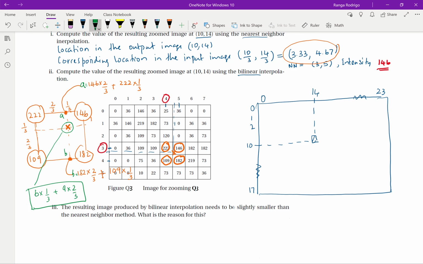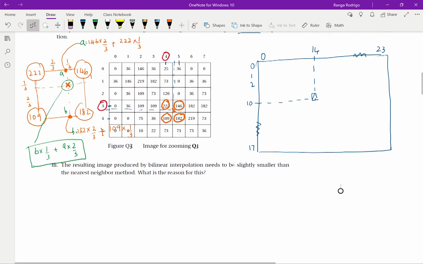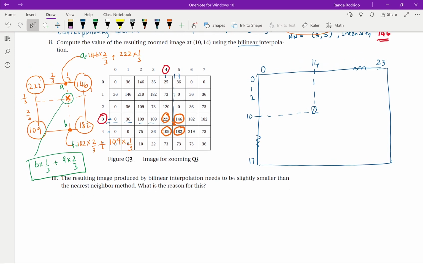It cannot be lower than 109, it cannot be higher than 222, in that range. Okay, so do your own calculation. Maybe I can do that. Oh, I don't have a scientific calculator now, and calculators trouble me all the time. Sorry. Okay.